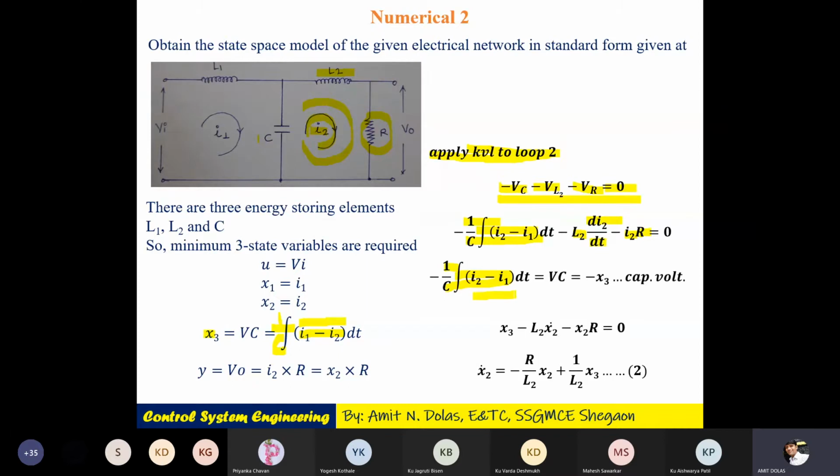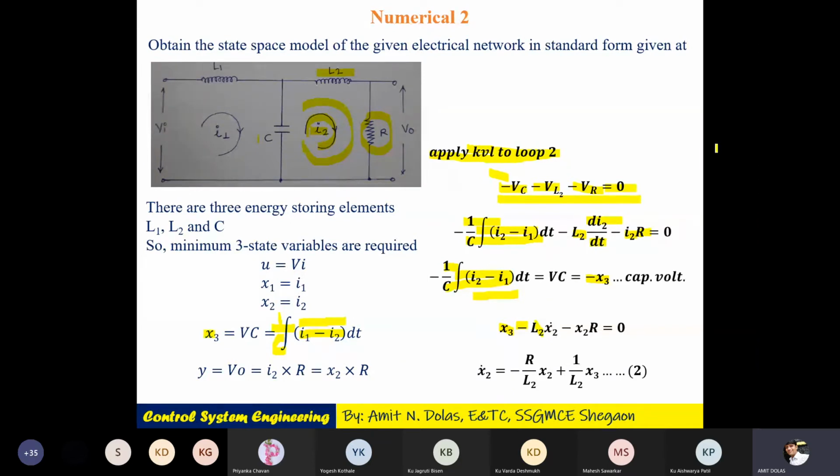If we write this as 1 by C integral of I2 minus I1 dt, taking the minus sign outside, it will be minus of x3. Therefore, this minus sign and that minus sign will get cancelled. There will be x3 here minus L2 x dot 2.